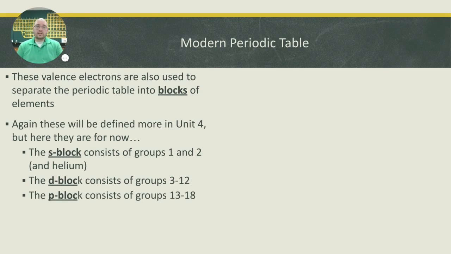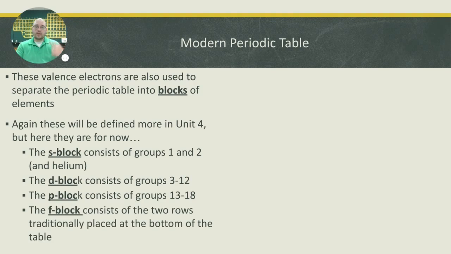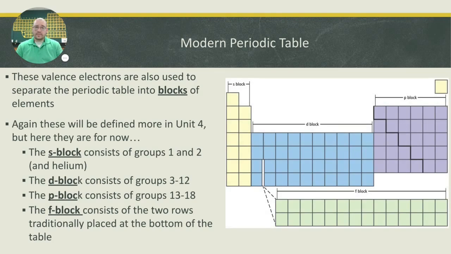Groups 13 through 18, the large section here, right, 13 through 18 are called the P block. And then the ones down at the bottom are the F block. They're traditionally placed at the bottom of the table, but as we discussed before, they actually belong up inside the table. So that's that.